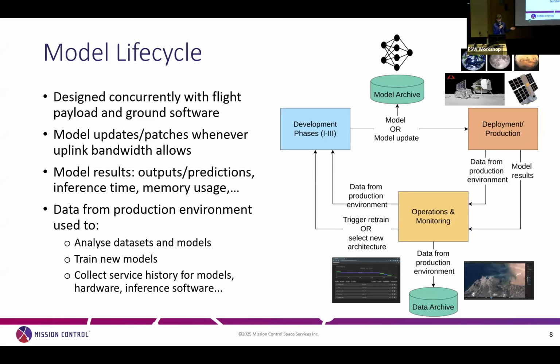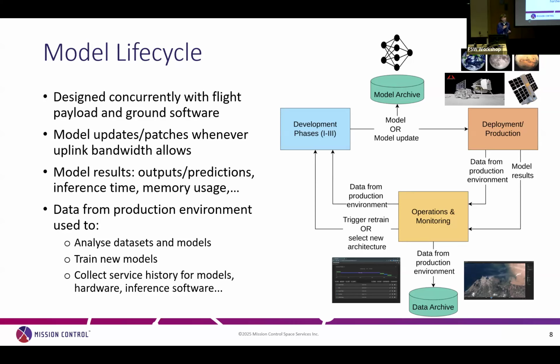So I've included our model lifecycle, a very high level diagram, on the right there. Basically, we start with a bunch of development phases. I'll get into a bit more what those look like. But then we take our model, after archiving it and doing a bunch of cataloging of its information, we'll take it into deployment production. So that's on board for us, that's rovers or satellites right now.